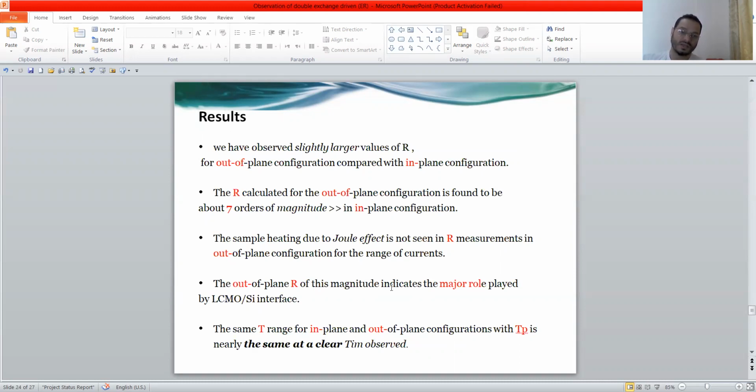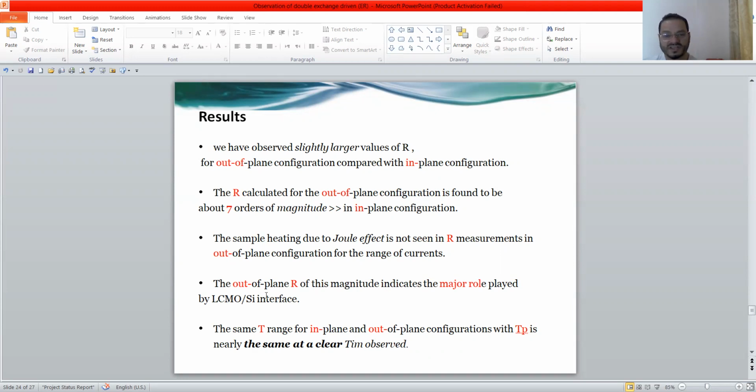I'm talking about it because the Joule effect is not clear, is not seen in resistance measurement in out of plane. The out of plane resistance of this manganite indicates the major role played by the manganite and plate interface with this structure.